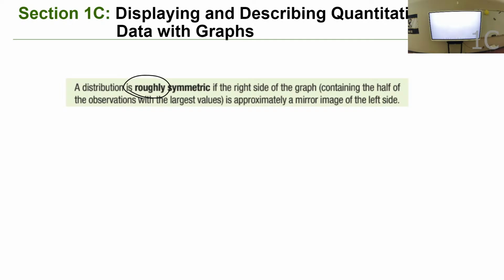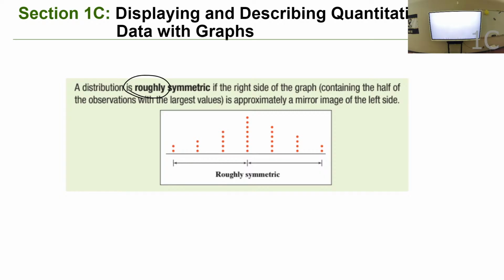The right side of the graph contains half the observations, and the largest value is approximately a mirror image on the left side. Roughly symmetric, approximately symmetric, it looks symmetric, somewhat symmetric, but just don't forget to throw one of those squishy words in front of it, okay?